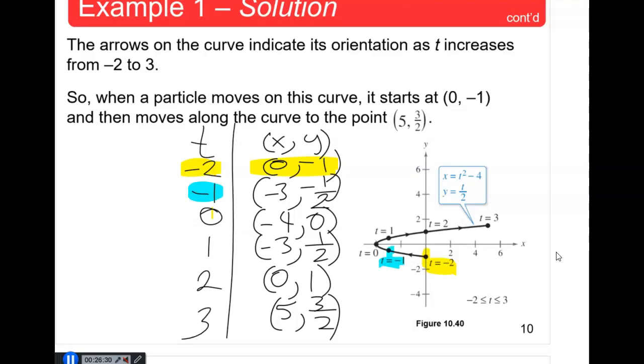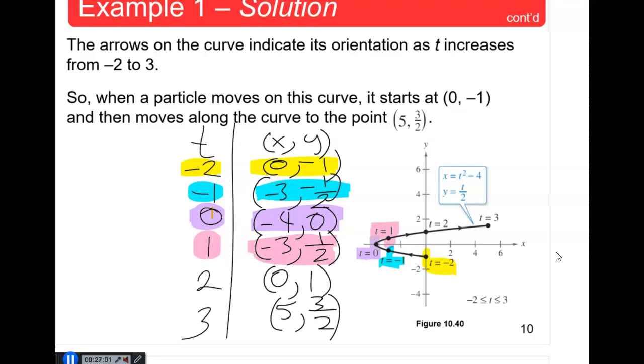And here's our point, the one with the coordinates -3, -1/2. Then when t is equal to 0, right here, our point, you could see the coordinates -4, 0, and it's right here on the x-axis. Then we went to t equals 1, so right here, and the point was -3, 1/2.